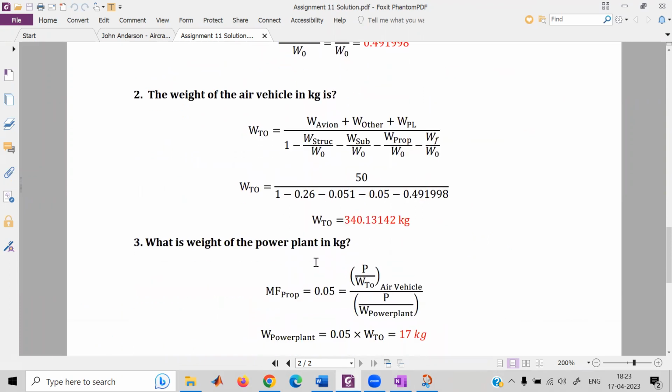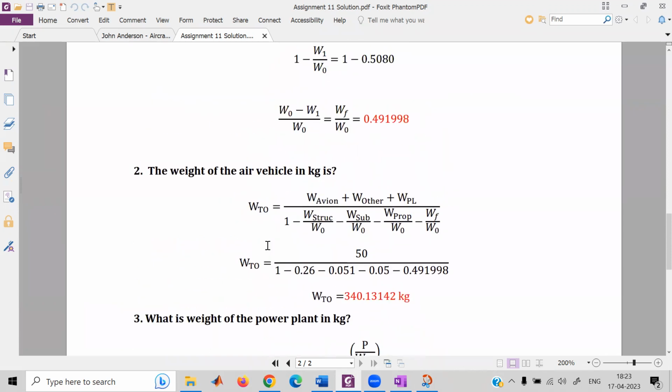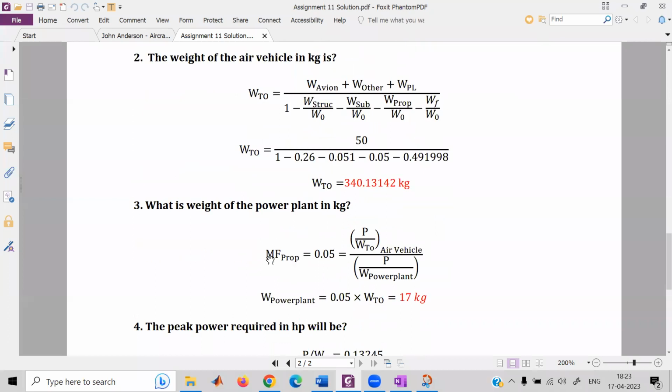All right. So now we are asked, what is the weight of the power plant in kilogram? We were aware of the mass fraction of the power plant, and we know the total takeoff weight. So the power plant is just 5% of that. So we computed it here. Sanjay, you understand the third question, right?